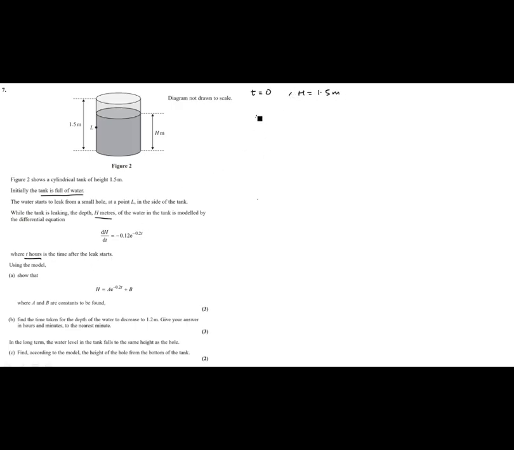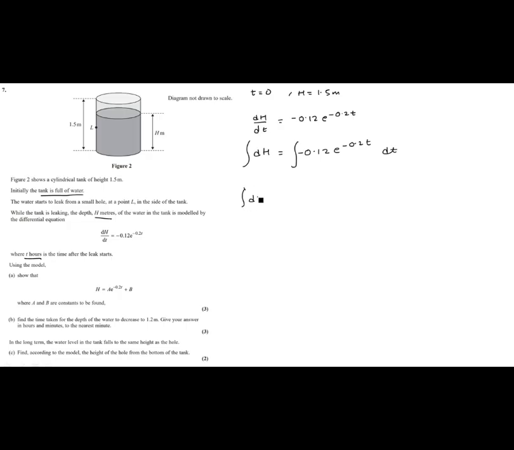So now we start with dh over dt equals minus 0.12 e to the power minus 0.2 t. We separate the variables, so we multiply by dt on both sides. So dh can be written as minus 0.12 e to the power minus 0.2 t dt, and then we integrate on both sides.